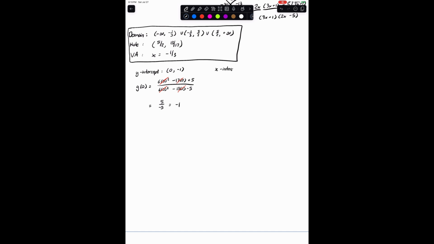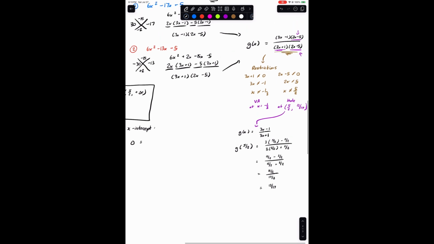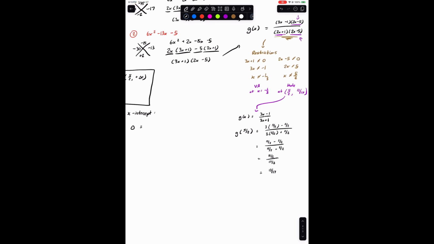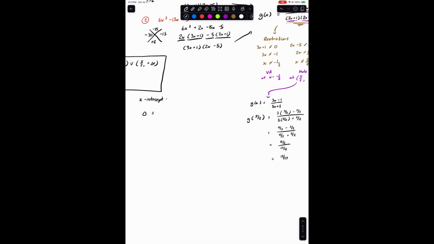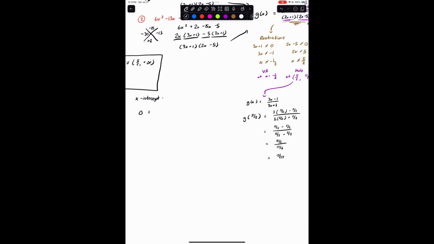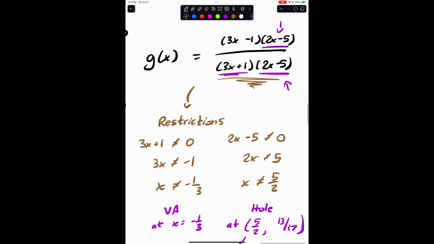For the x-intercept, this is when g of x is 0. And this time I'll use my simplified version, because if I include a 2x minus 5, it's already a restriction because it appears in the denominator, so I don't really care about that.